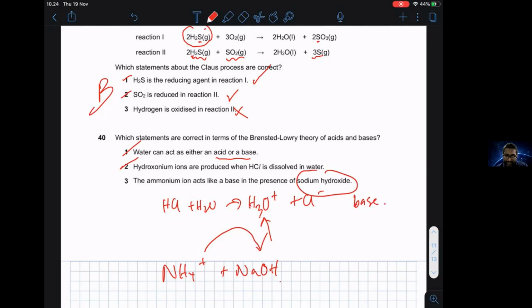So I don't think the ammonium ion will act as a base. There won't be any reaction, unless we put it as ammonia. So in this case, I think the best answer will be as acid. Ammonia will be as an acid, so they will give you ammonium. I don't think so. 3 is correct. So the answer is going to be B. Okay, done.